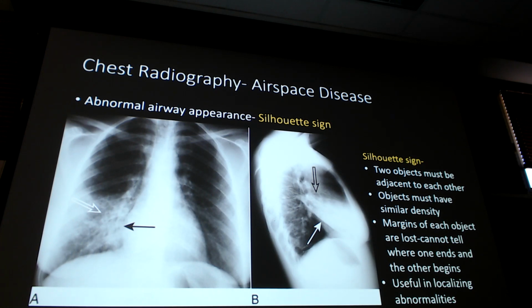Okay? Silhouette sign is when there's two objects that are supposed to be next to each other, but you can't tell where one ends and one begins. So on the first picture on alpha, it's the right atrium and that consolidation, right? I can't make out this line of the right atrium that well versus the consolidation because they're silhouetting against one another. That shouldn't be there. I should have soft tissue of the right atrium and I should be able to see the lungs.